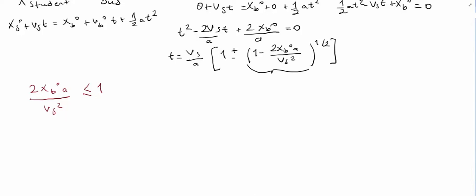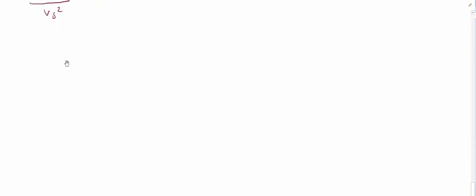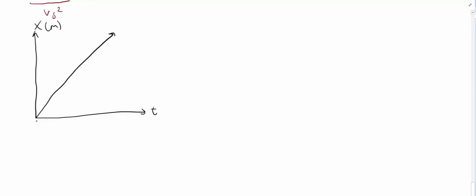So now let's draw a graph that shows the position, with time in seconds and x in meters. This is our student, and the bus is starting from here, so it will go like this. Again, we'll reach here. So let's say this is 10, this is 20, and this is 30.